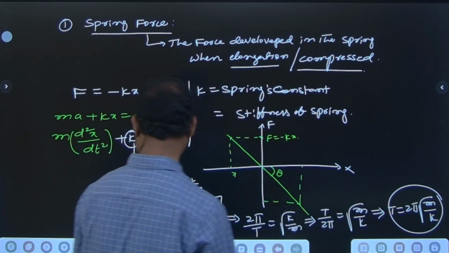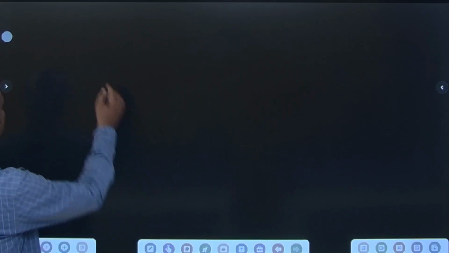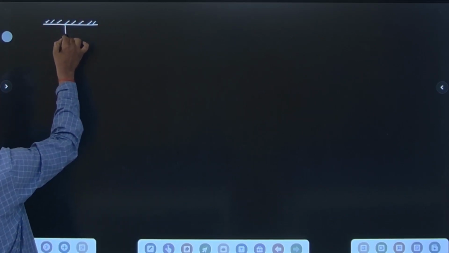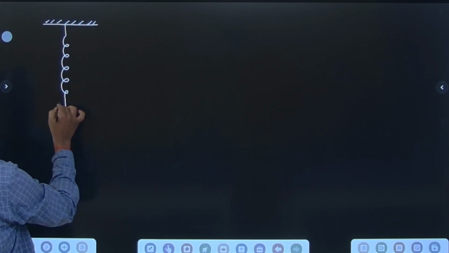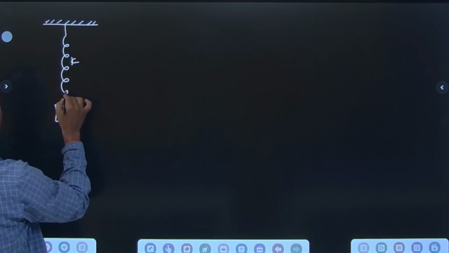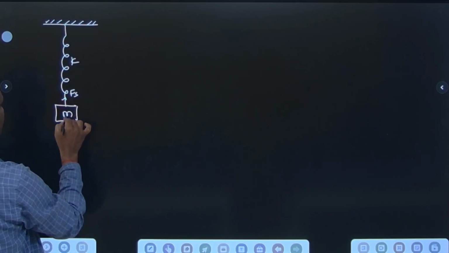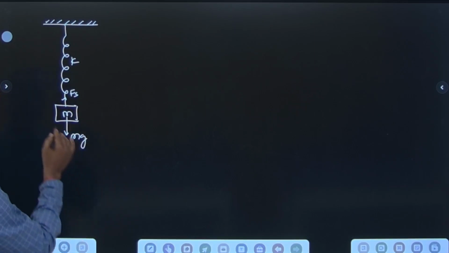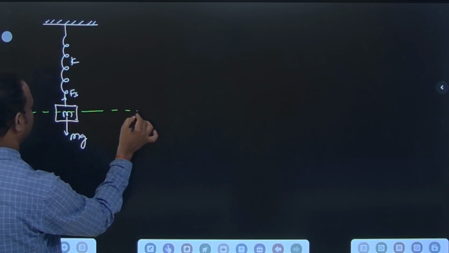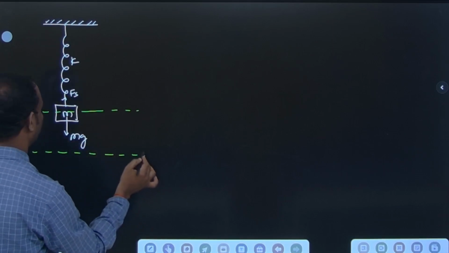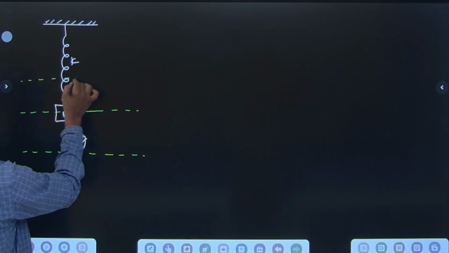So this is a linearly oscillating spring. Here its mass is m, the spring's constant is k, the spring force is Fs, and its weight is mg. Initially it is at the mean position. It is pulled down to this position, and then it moves back.